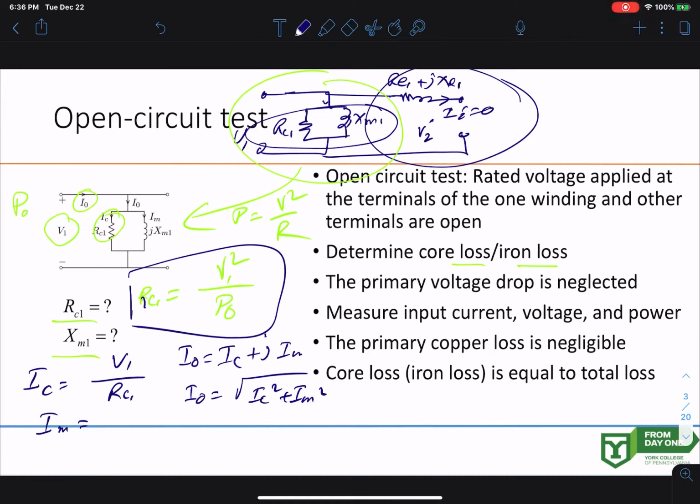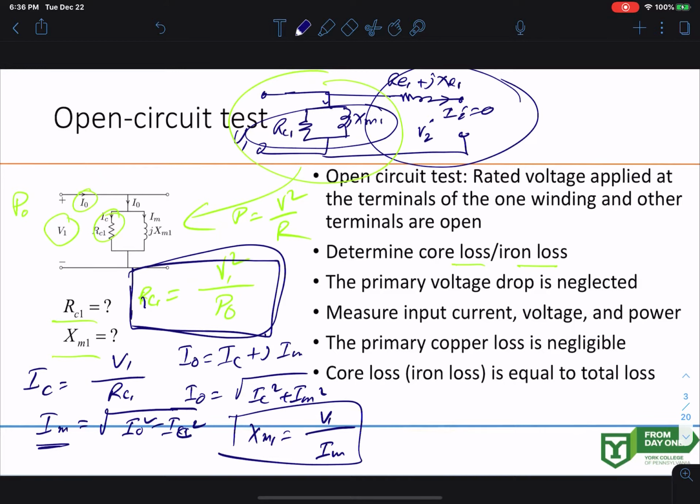So to find IM, you can do I0 squared minus IC squared, under the square root. So you can find IM now. Once you find IM, you can find XM1, which is basically V1 over IM. So your goal was to find these two, XM1 and RC1. You already found them, so those are the two parameters you know.